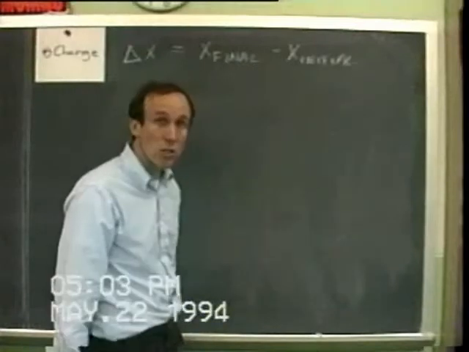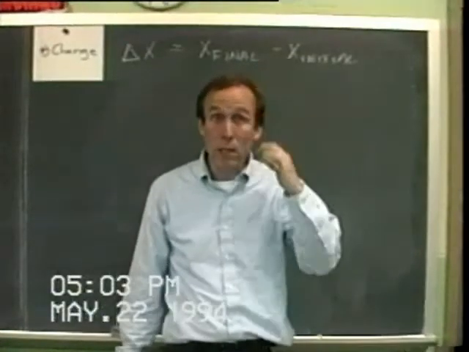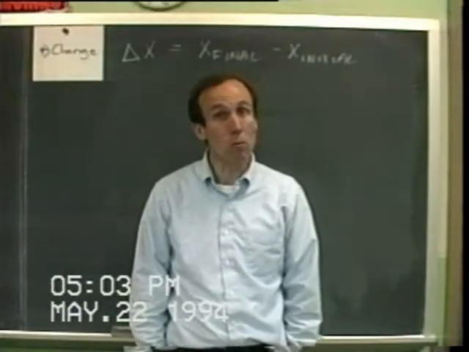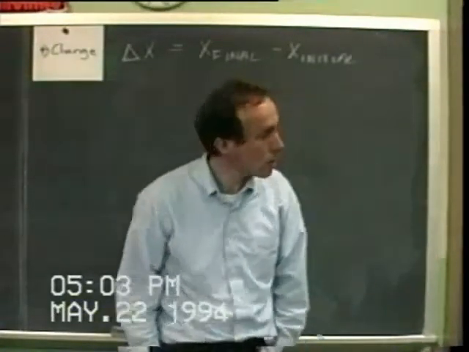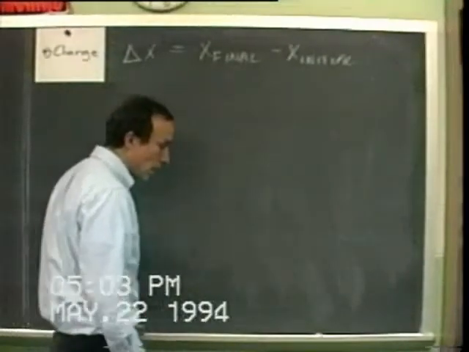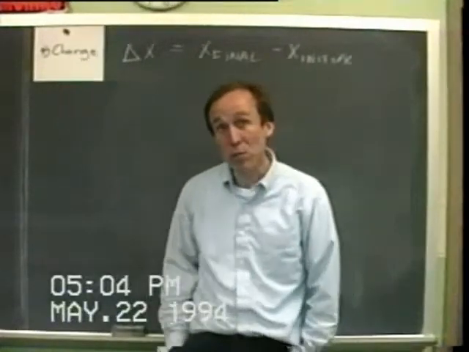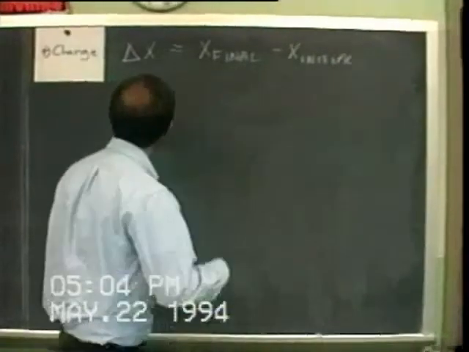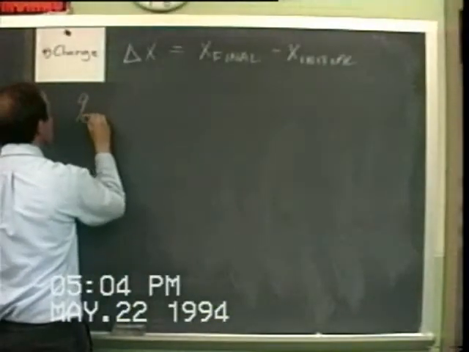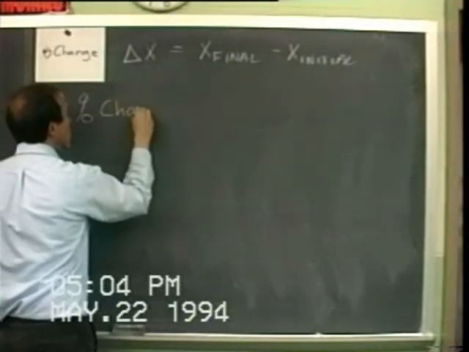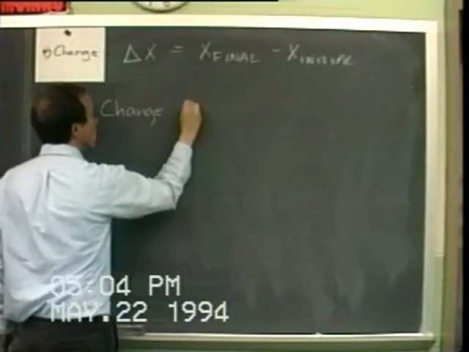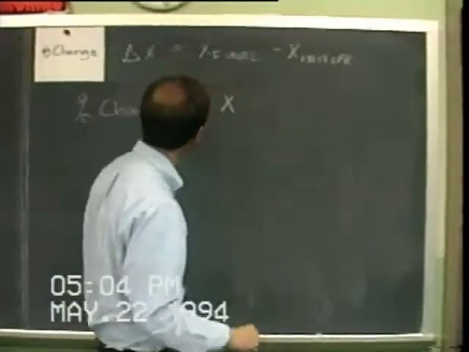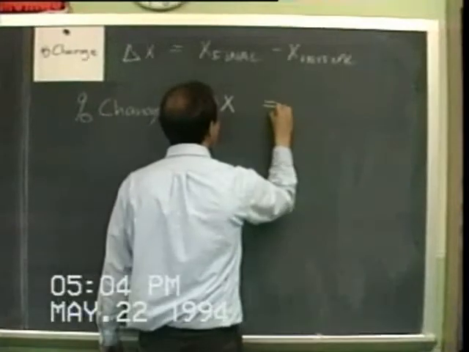You should recognize the change in the quantity. In this case, the change in funds available is the final value minus the initial value. It works that way every time. If I say, what was my percent change in funding? That's the change, and let this symbol X represent my funding in the particular example I have.